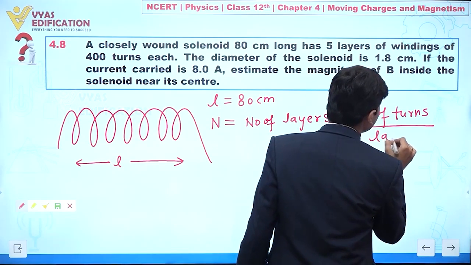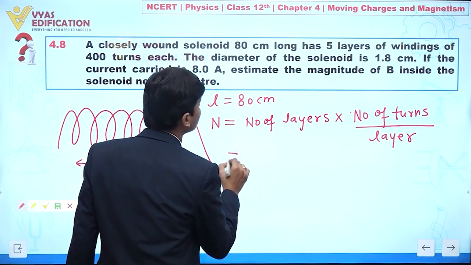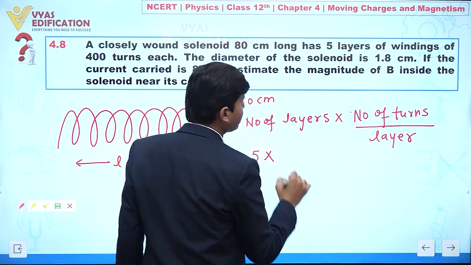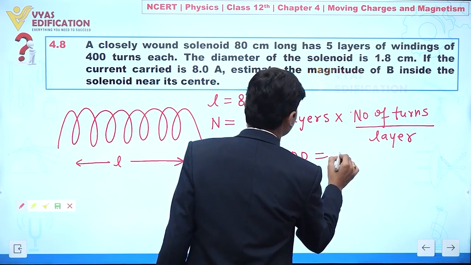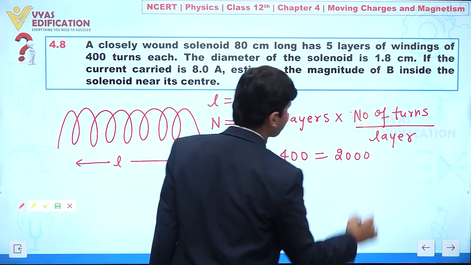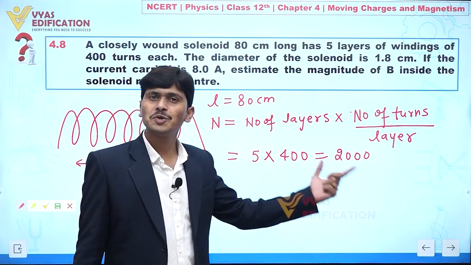In this question, we have 5 layers, multiplied by 400 turns, so this is equal to 2000. So the number of turns is 2000.